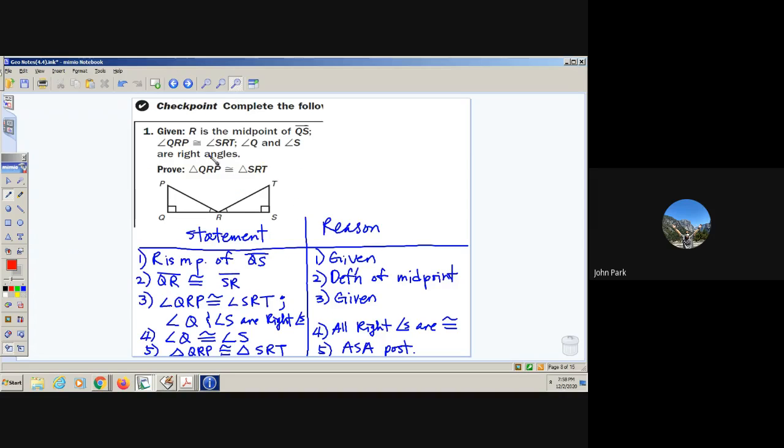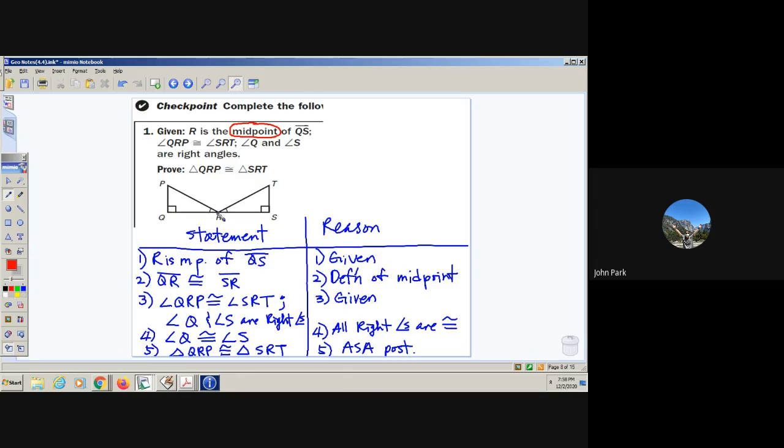So then we have another proof here. We're given these two pictures, and we're given that R is the midpoint of segment QS. So R is the middle of segment QS. I wrote that first. I just copied the given information. And this is the midpoint that we looked at already, right? Whenever you have a midpoint, that means it's going to bisect the segment in the middle.